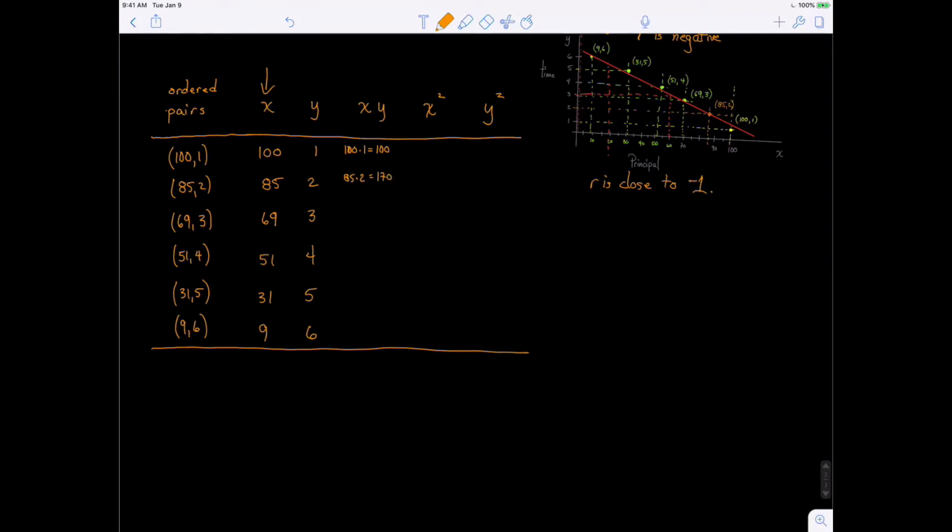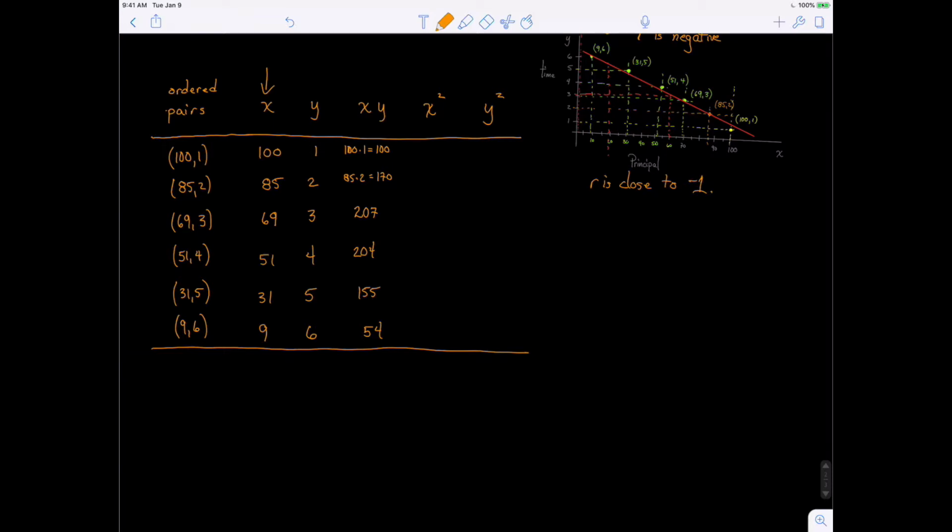If we keep doing this, we're going to come up with 207 for 69 times 3. 51 times 4 is 204. 31 times 5 is 155, and 9 times 6 is 54. All right, let's keep going now.